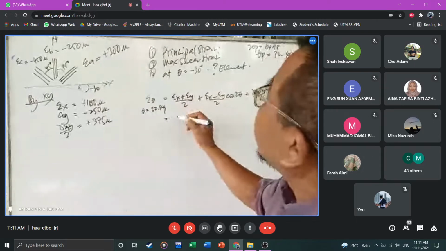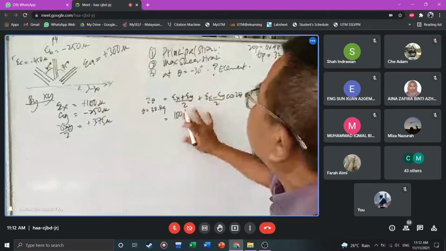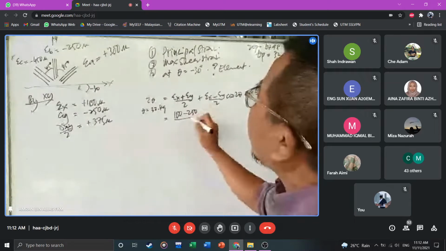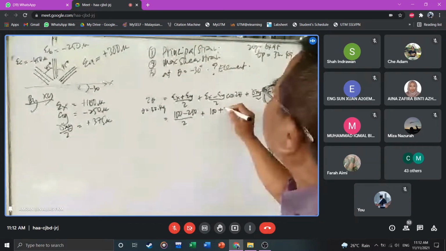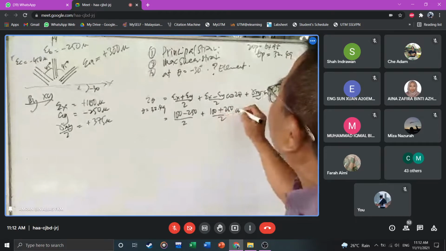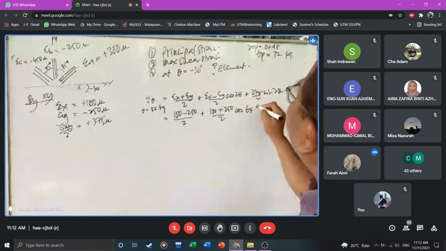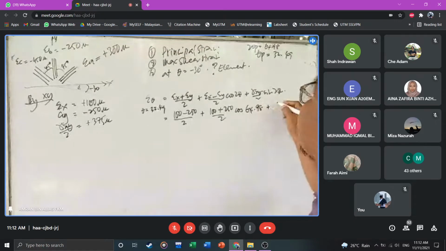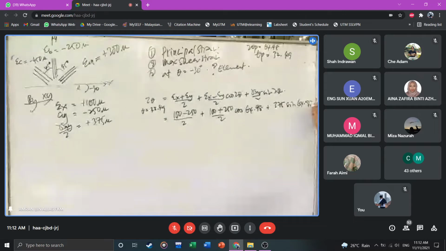So EX we have 100 plus, minus 50 over 2, plus 100 plus 250 over 2 cos 2 theta. 2 theta is 64.98, plus gamma XY over 2 is 375 sine 64.98.